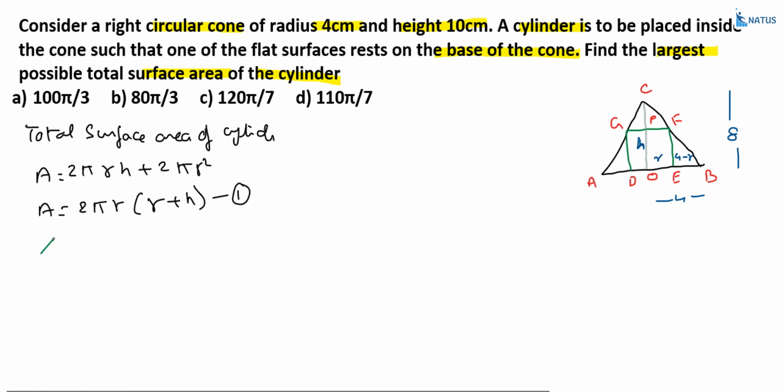Triangle COB and triangle FEB are similar. That means CO by OB is equal to, in this triangle, FE.